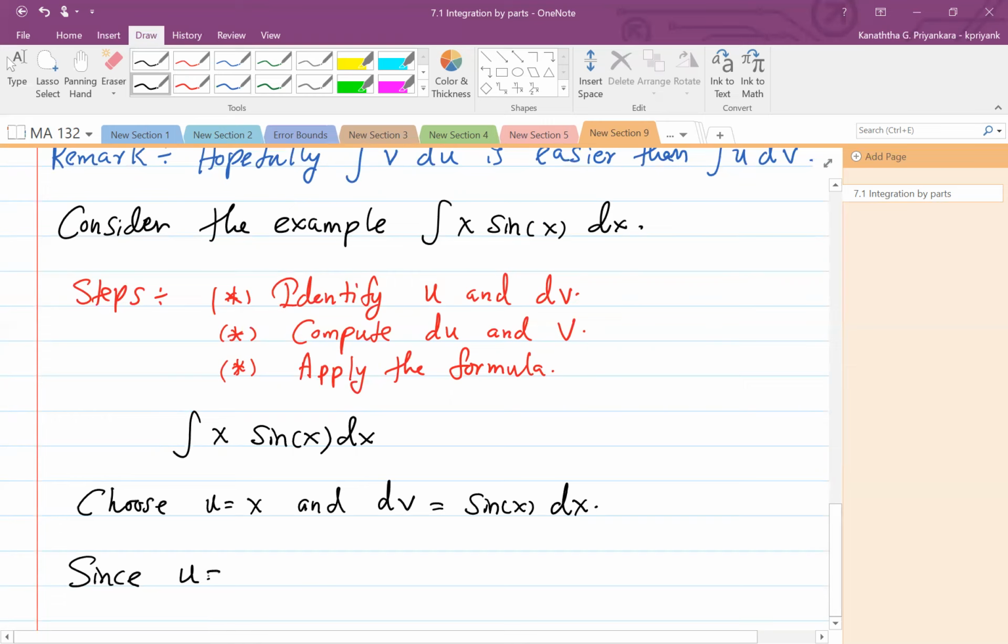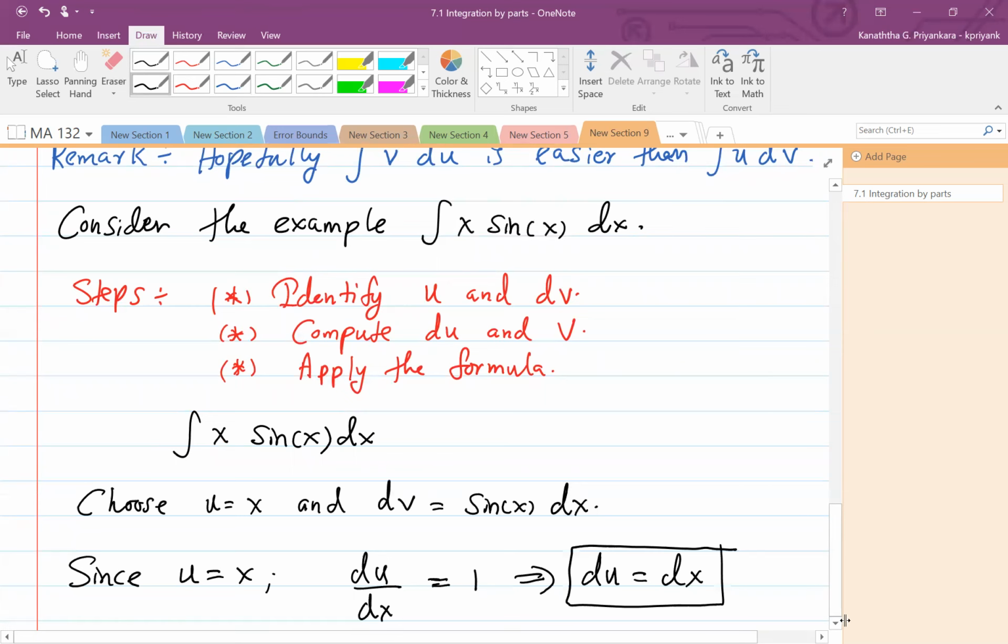Since u equals x, we can take the derivative with respect to x. So du over dx is the derivative of x, which is 1. I can multiply dx to the other side, then we get du equals dx. So that is du.